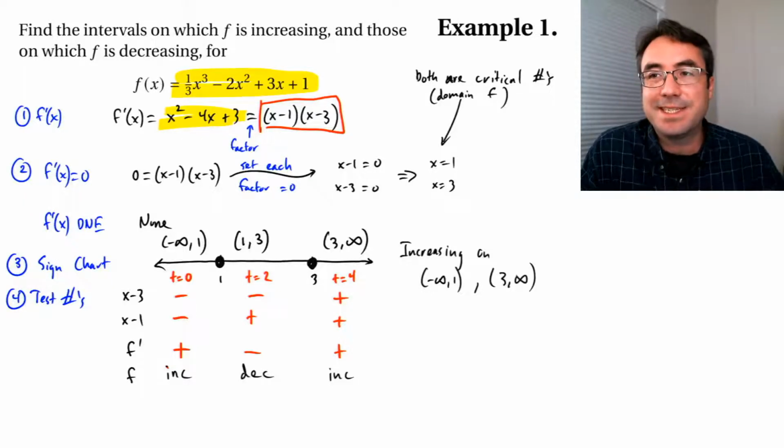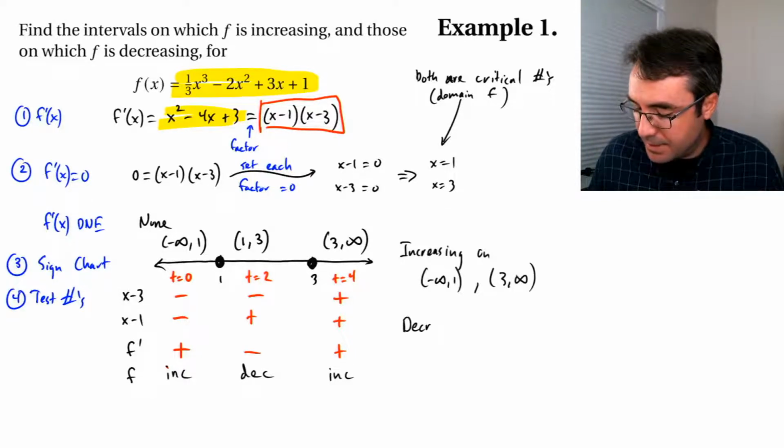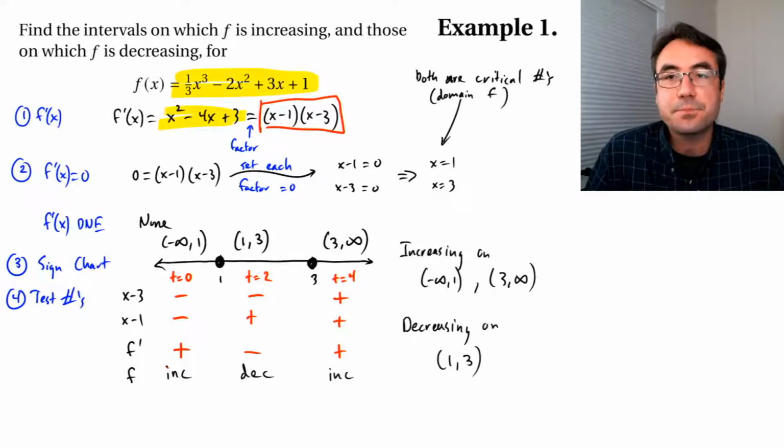So it's increasing separately on those two intervals. And then finally, let's write down where it's decreasing. So our function is decreasing on that middle interval from 1 to 3. All right, and that's the game.